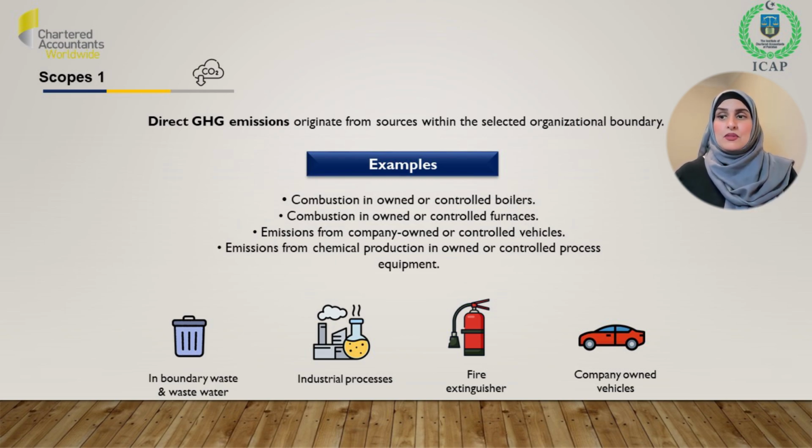Let's see the examples. It can be combustion in owned or controlled boilers, machinery, buildings, processes, whatever the reporting entity is either controlling or owns. You will just be collecting the data where the fuel is combusting and adding this activity data under scope 1.